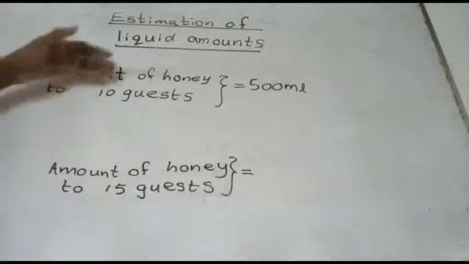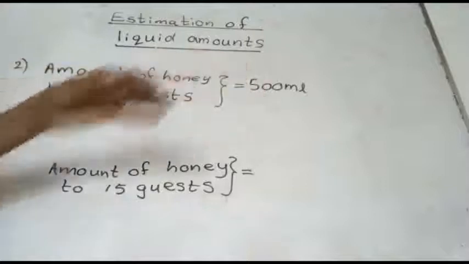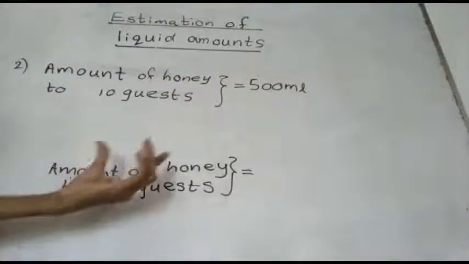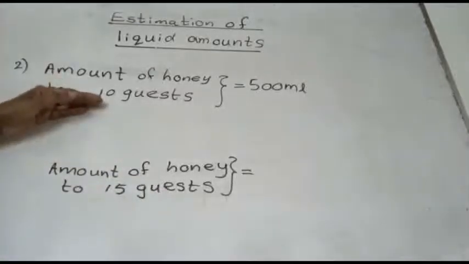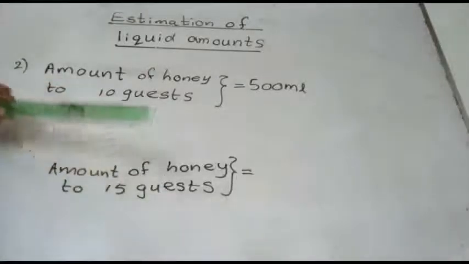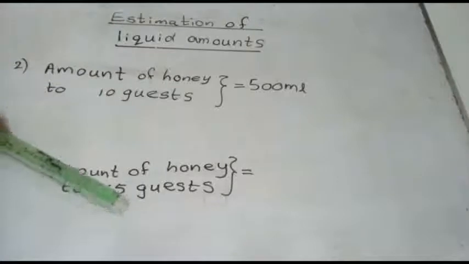Here the amount of Kitul honey to 10 guests is equal to 500 milliliters. Here 10 is equal to 5 times 2, and 15 is equal to 5 times 3.